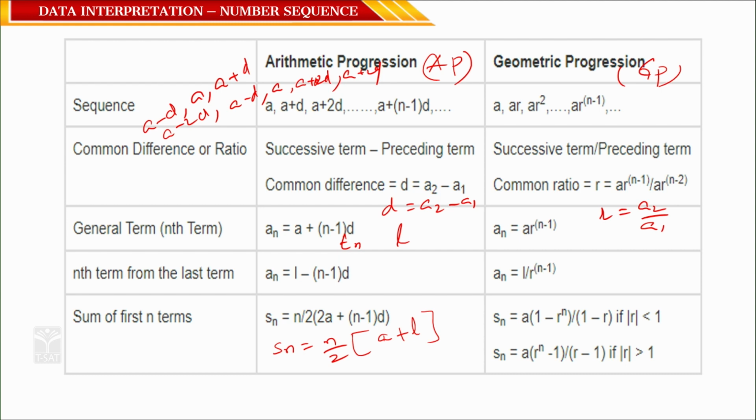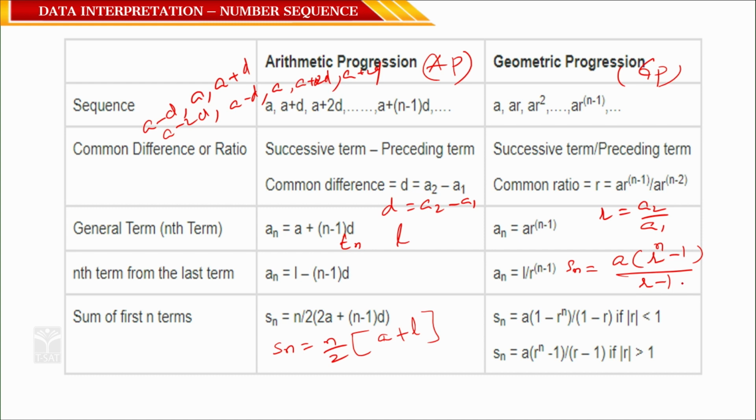Understand? In a similar manner, the sum of n terms of an arithmetic progression is Sn is equal to n by 2 of 2a plus n minus 1 into d. Whereas in geometric progression, its value Sn is equal to a of r to the power of n minus 1 by r minus 1.